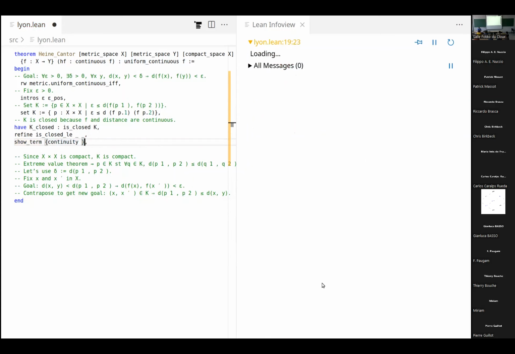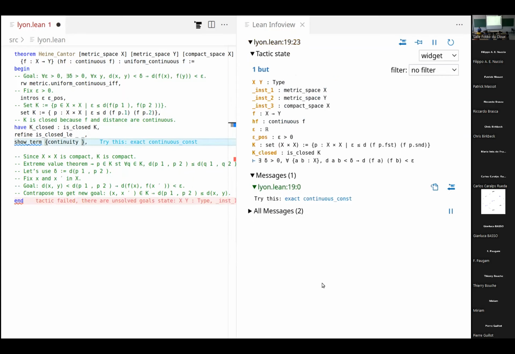And we can ask what was the proof that was found. For instance, for the first continuity proof, what it did was actually say this is exactly the lemma called continuous const. So this is the continuity of the constant function with value epsilon.